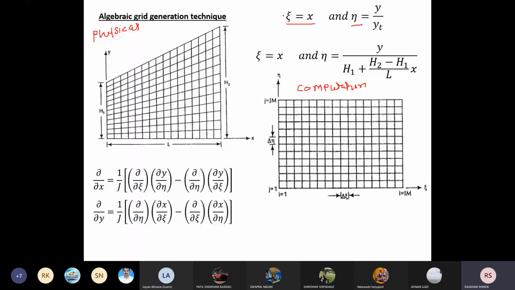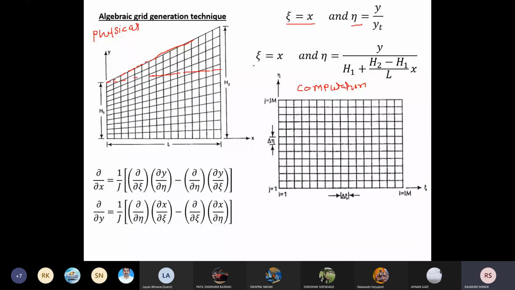That means here finite difference approximation will accept this type of boundary. Okay, but you don't have this type of boundary, we have increasing boundary, so we need to convert that increasing boundary from your physical plane to the computational plane.